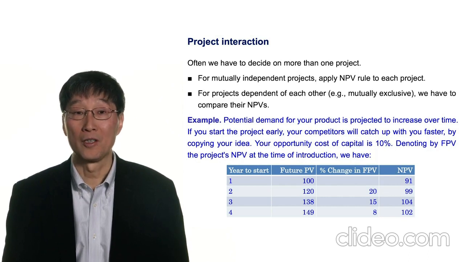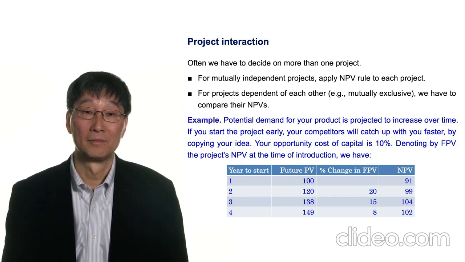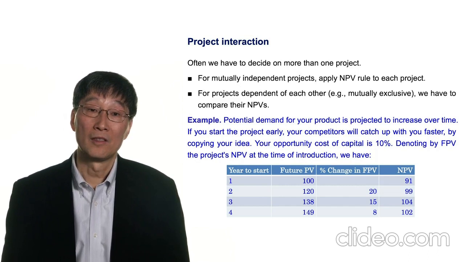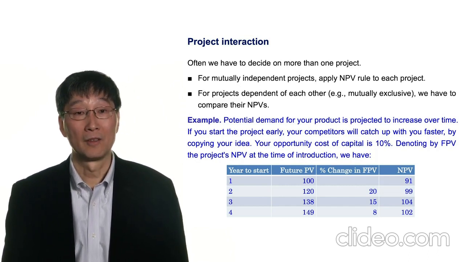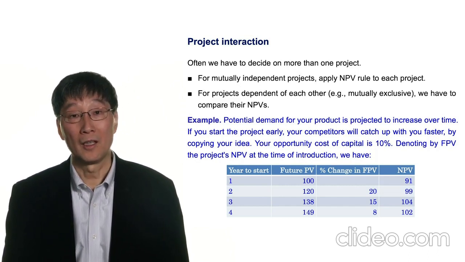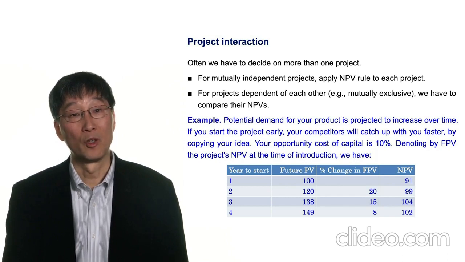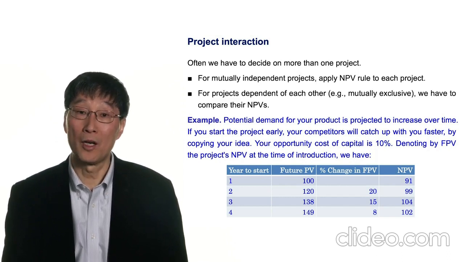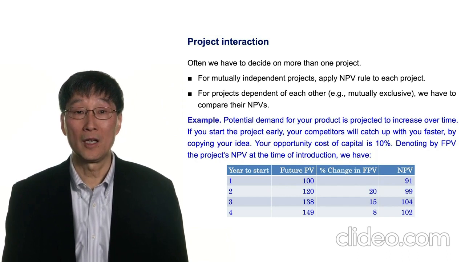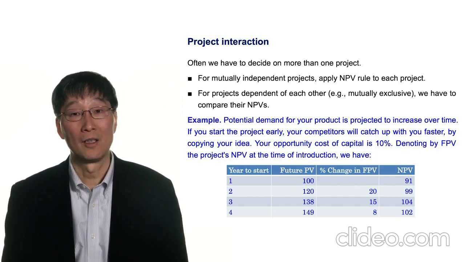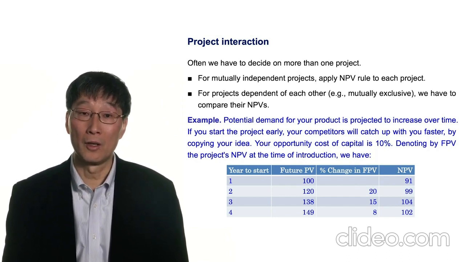We can launch the project only once. Several factors can influence the cash flow forecasts and the timing decision. For example, the demand for the product may increase over time. In addition, launching it early will also cause your competitors to catch up sooner.